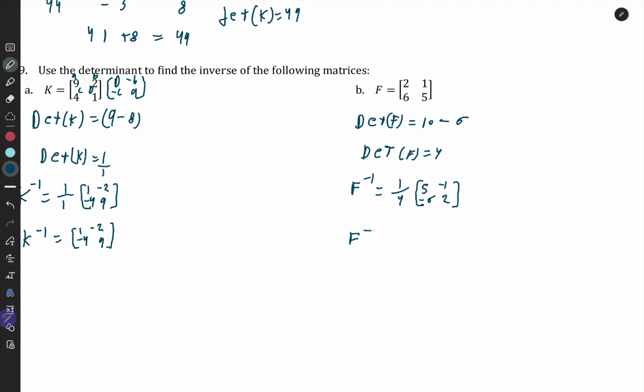So we have an inverse of -1 over, and then this is going to be 5 over 4. And this is going to be, if you simplify it by 2, let's say, you could do -3 over 2. And then for this one, it's just -1 over 4. For this one, it is 1 over 2. Alright, that's how you find the inverse.